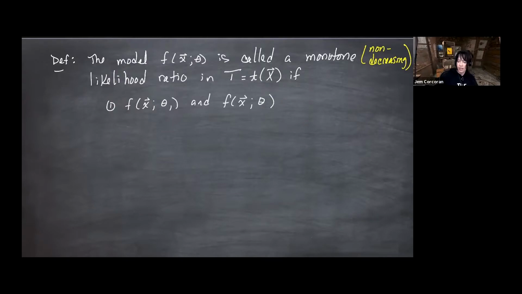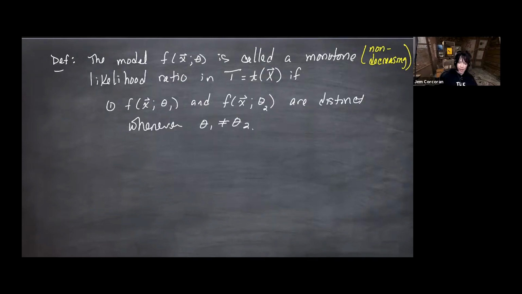So these are distinct, or not equal, whenever theta 1 is not equal to theta 2. This is not the interesting part of the definition. This is just sort of a technicality.